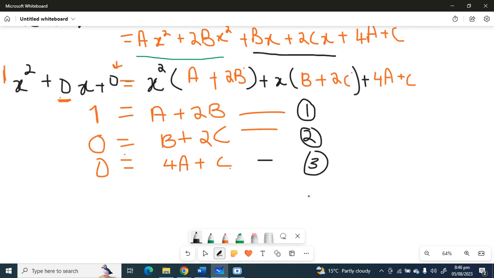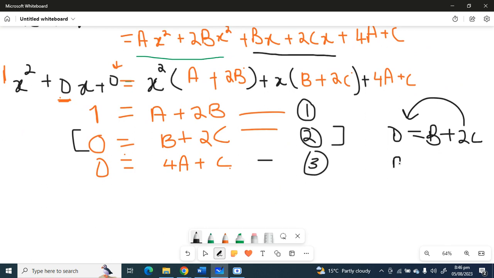So let me illustrate what I mean. All right. Let's take this equation here, 0 equals b plus 2c. Let's adjust it. Let's make b the subject of the formula. So we take this 2c over to this side.